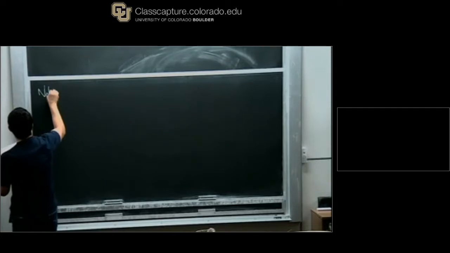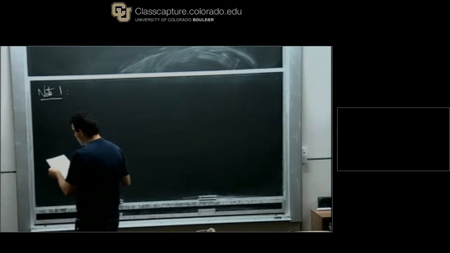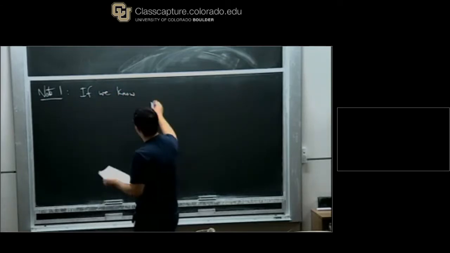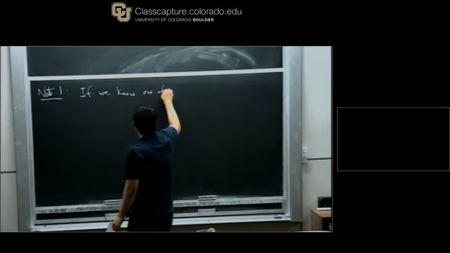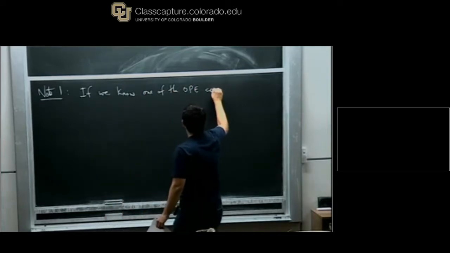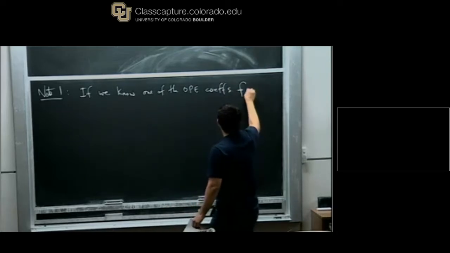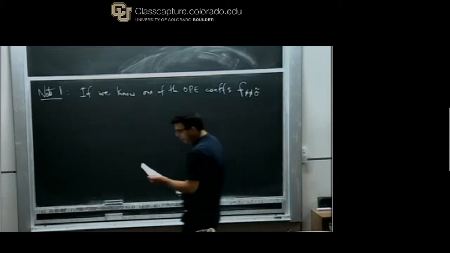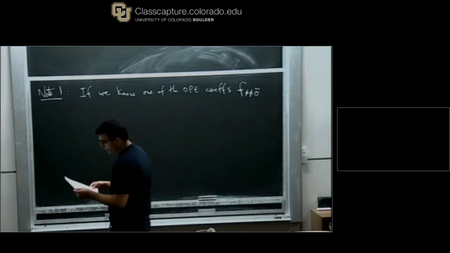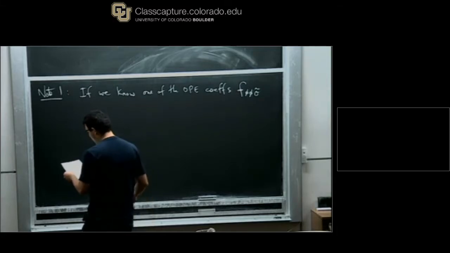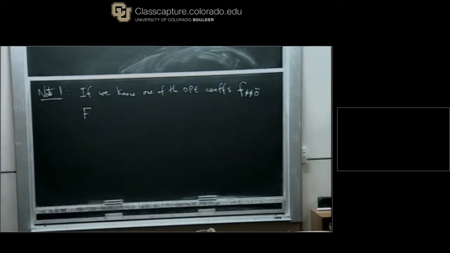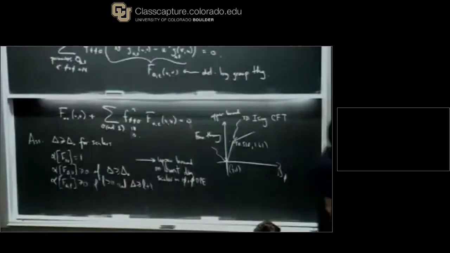So note, if we know one or more of the OPE coefficients, say f phi phi O tilde for some operator O tilde, then we can improve the bounds in the following way. I'm going to rewrite this equation by isolating not just the contribution from the identity, but also the contribution from O tilde.